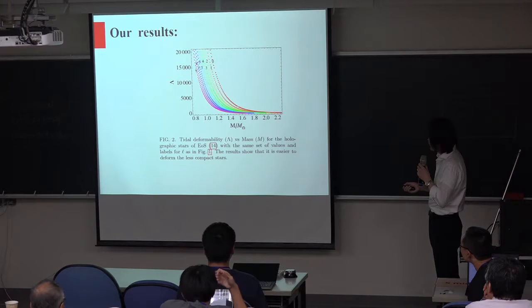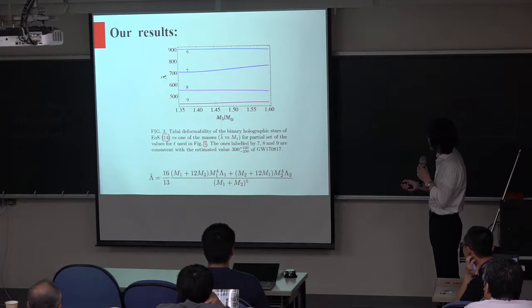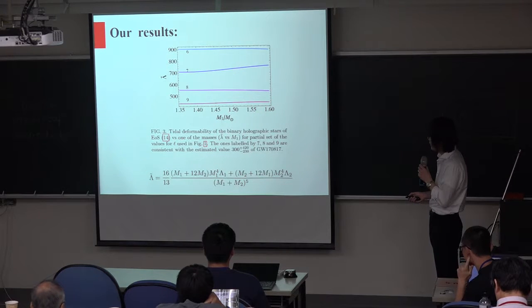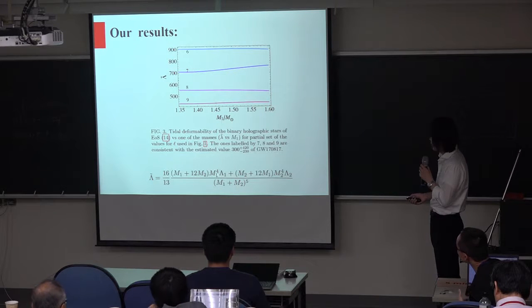What people are interested in is the tidal deformability. As we mentioned before, the tidal deformability needs to be around 500. So we have a larger, more detailed picture of this, which looks like this. Here we have to be careful that what LIGO measured is the lambda tidal, which means some average between lambda 1 and lambda 2.